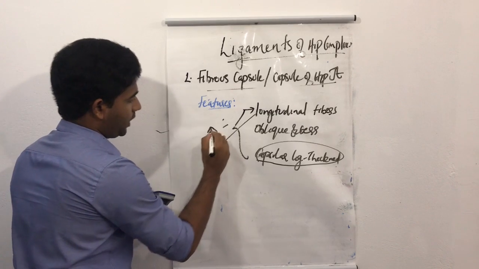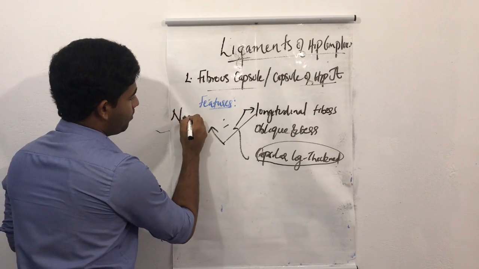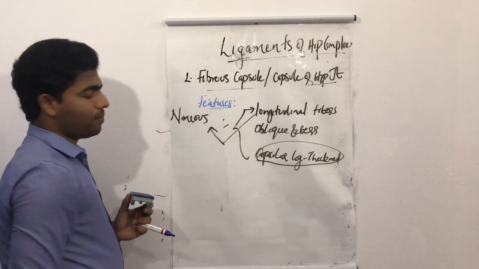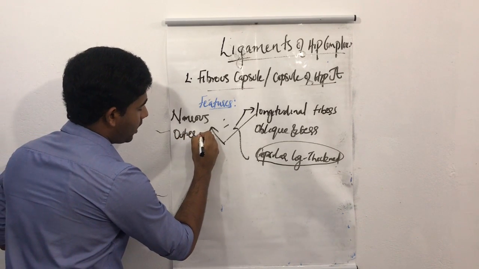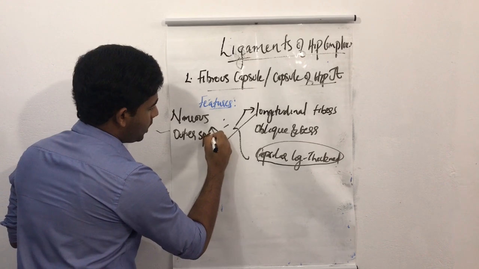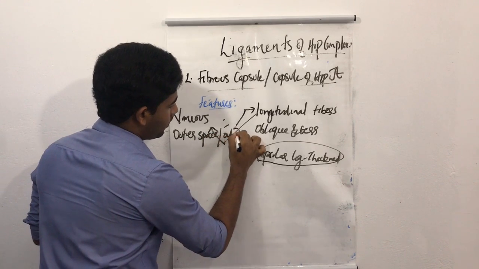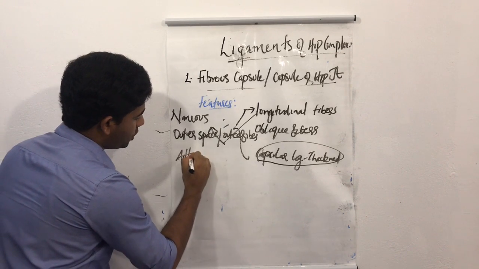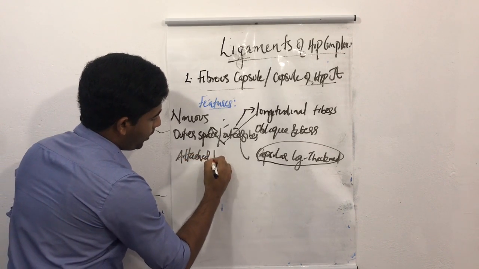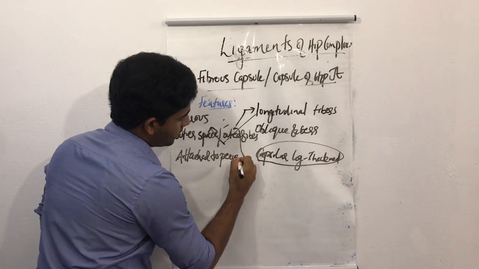They are numerous in number. They are in the outer space, outer fibers. They are attached to the periosteum of bones.